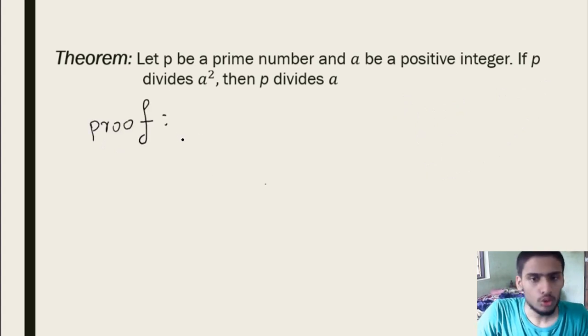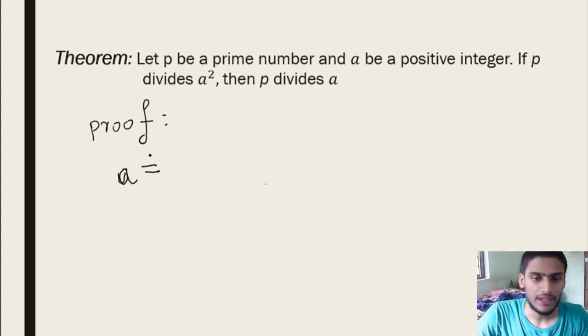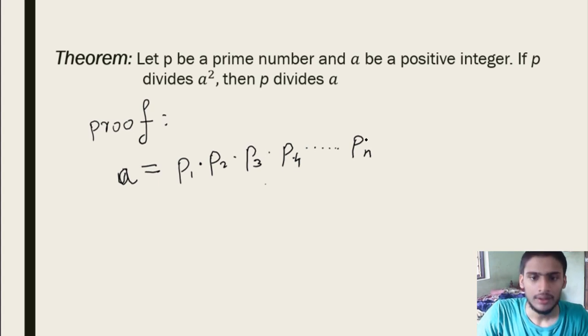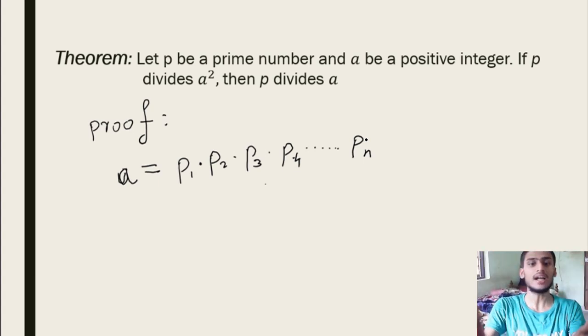All you have to do is first take the positive integer a and express it using the fundamental theorem of arithmetic. That is, you can write it as p1 times p2 times p3 times p4 and so on up to pn, where p1, p2, p3, p4 up to pn are individual prime numbers, which are all the prime factors of a.